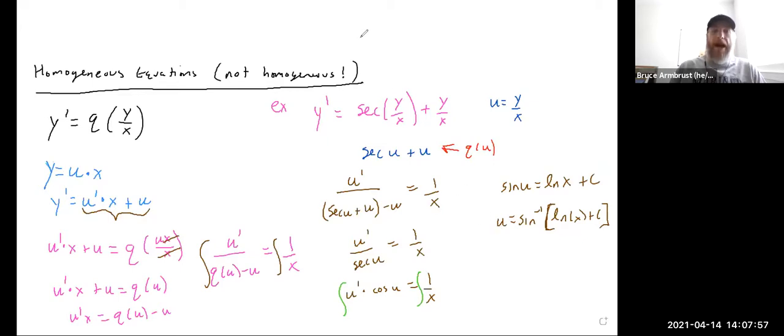So if we jump back to that for our solution, then y is going to equal x times the inverse sine of natural log of x plus c. So this is a solution to our original differential equation.